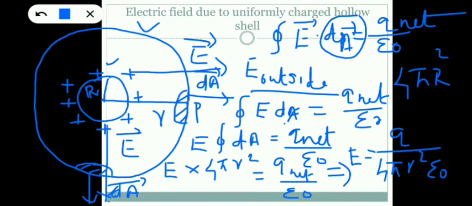The bigger sphere is our Gaussian surface. And what is the radius of that Gaussian surface? It is small r. So here we need to substitute the area of the Gaussian surface. That's why we wrote small r square here. So this is the final expression for electric field. We need to modify this expression, so that will be done in the next slide.